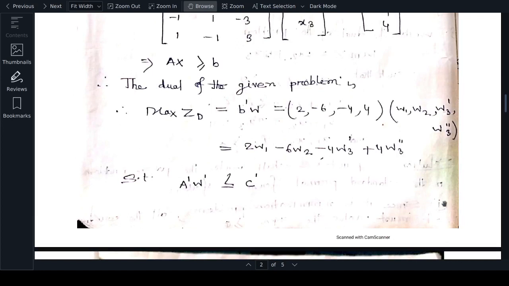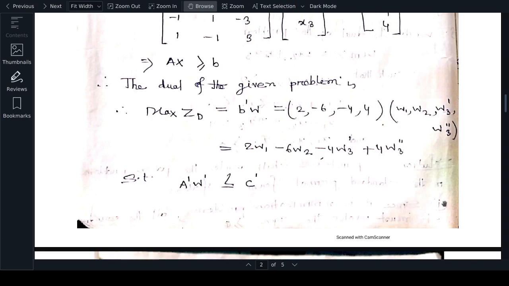Okay, such that then we write the transpose of the coefficient matrix. So what will be the transpose of the coefficient matrix of the primal? The rows and columns are interchanged. So the first row of the primal will be the first column in the dual, the second row of the primal will be the second column of the dual, the third row of the primal is the third column of the dual and the fourth row will be the fourth column.